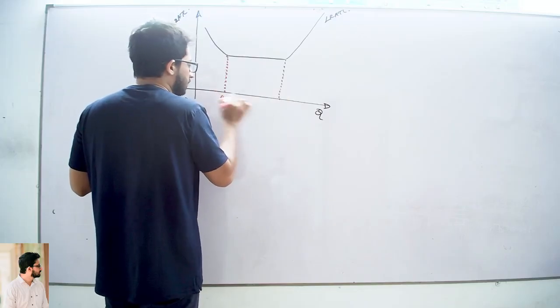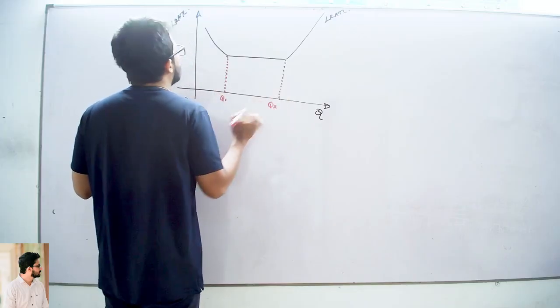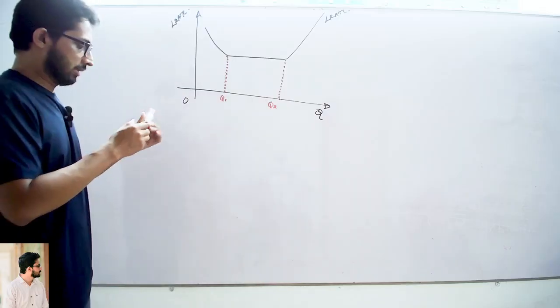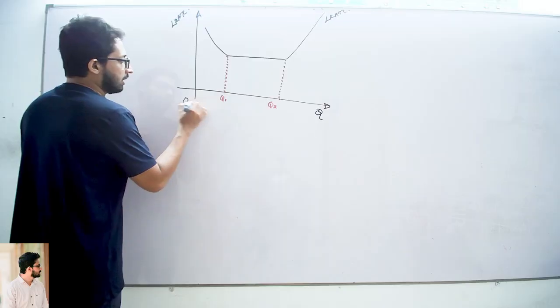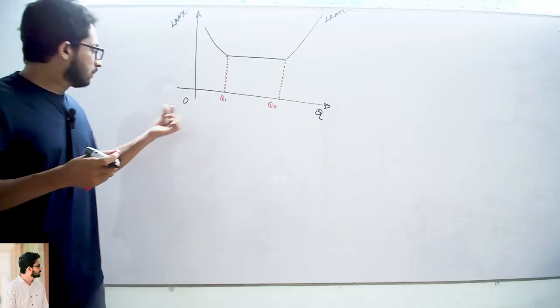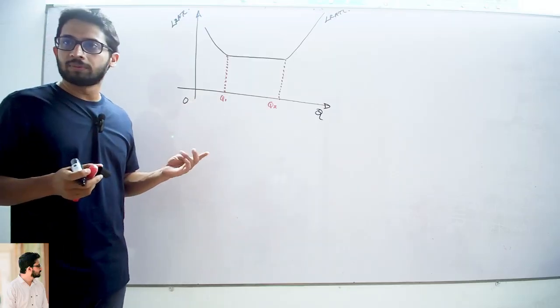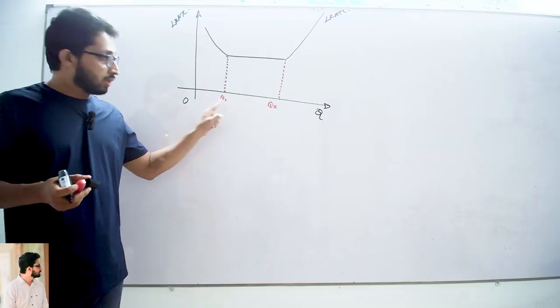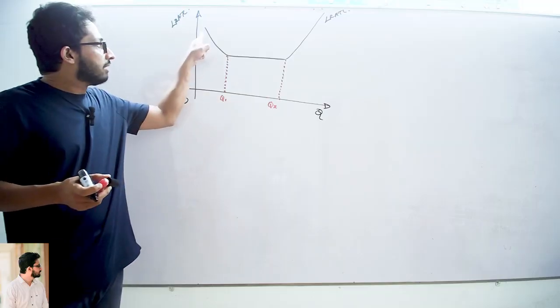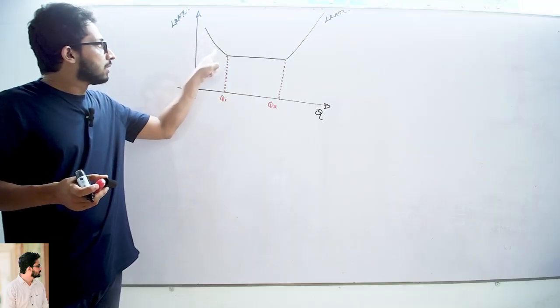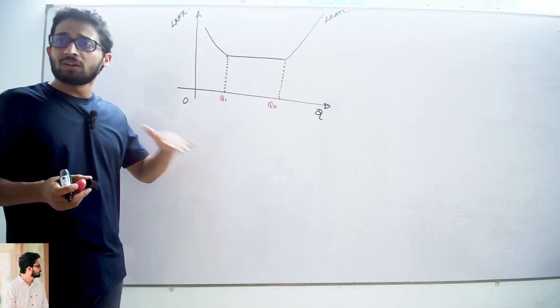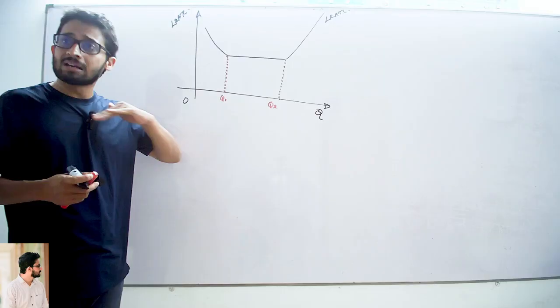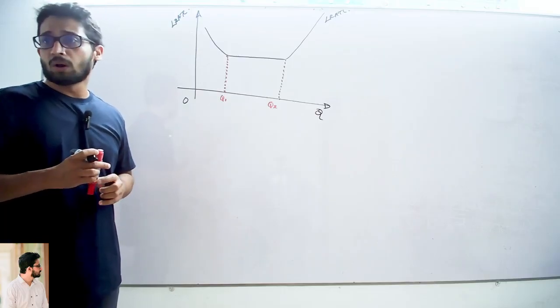Let's say outputs Q1, Q2. Within the output of 0 to Q1, when we expand the output, long run average total cost keeps on decreasing, keeps reducing. That is called economies of scale.